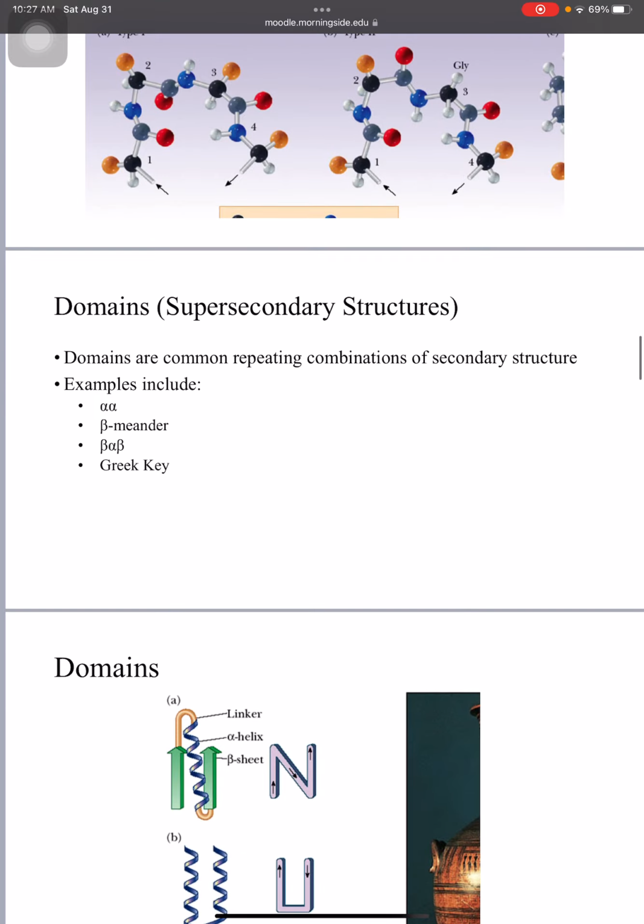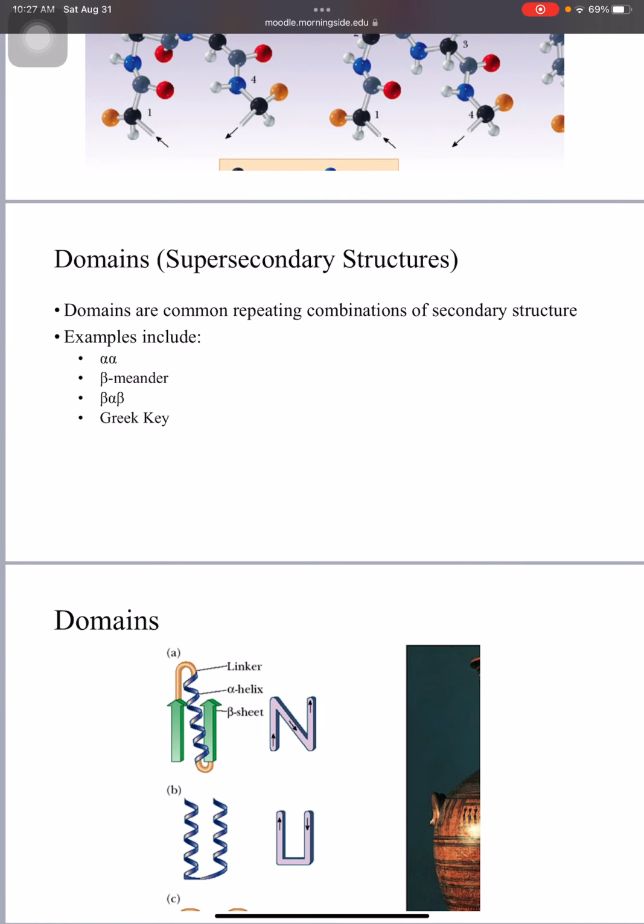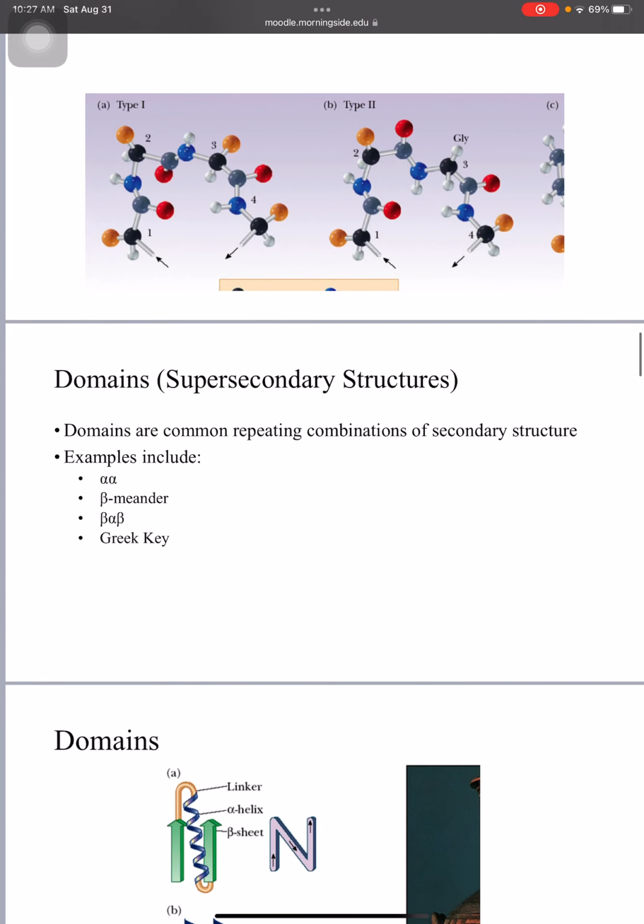All right, let's see. Just a quick note, not only can we have regular patterns of secondary structure, helix, a sheet, we can also have what we call domains, also known as supersecondary structures. Basically, domains are common combinations of secondary structure that can also be found, right?